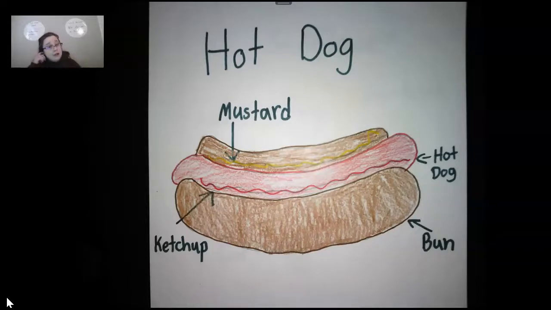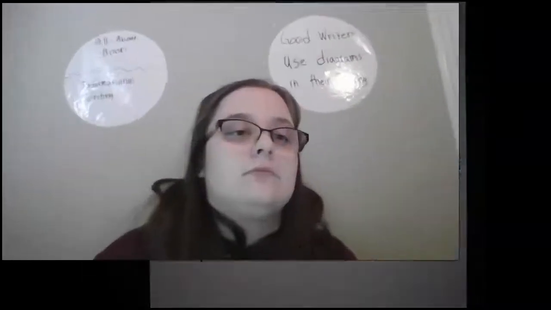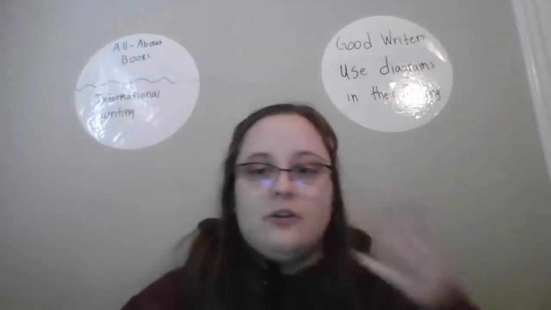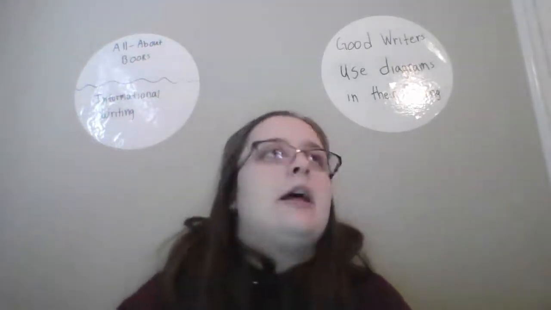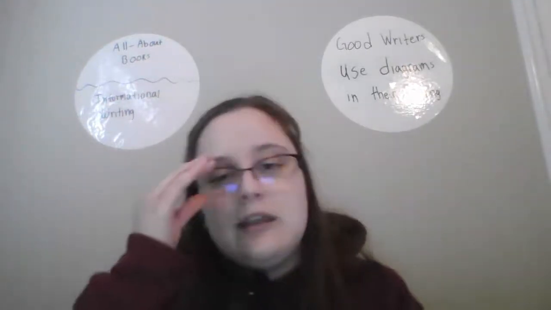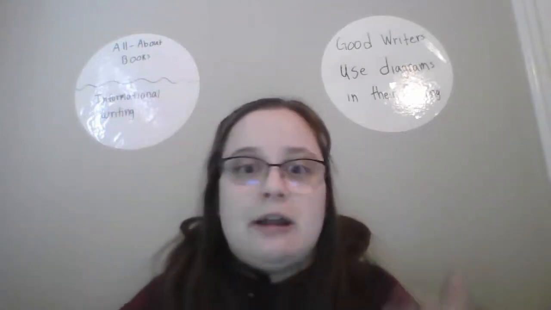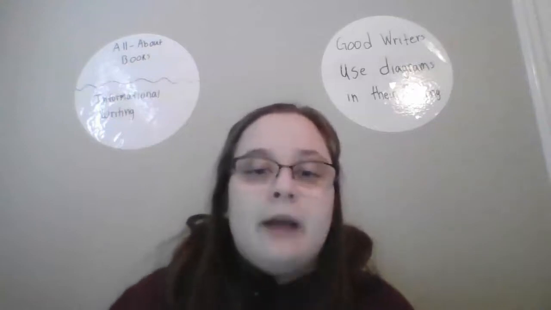So if you have an animal, maybe you're labeling their feet, their eye, their nose or beak, their mouth, their wings if they have wings, their legs if they have legs, any special feature they have. So if you had a kangaroo, you would label their pouch.